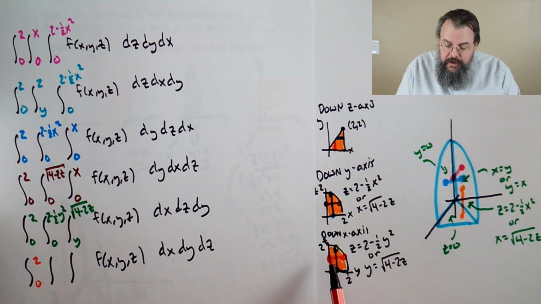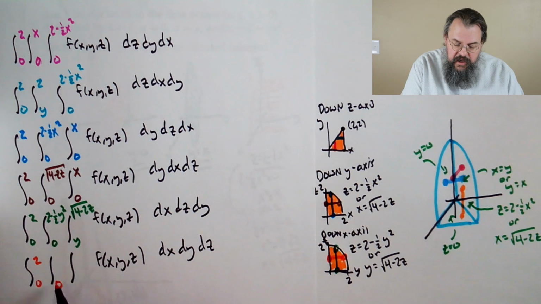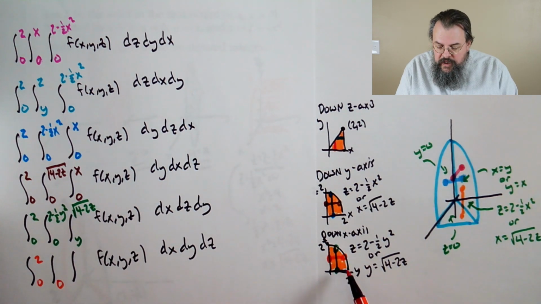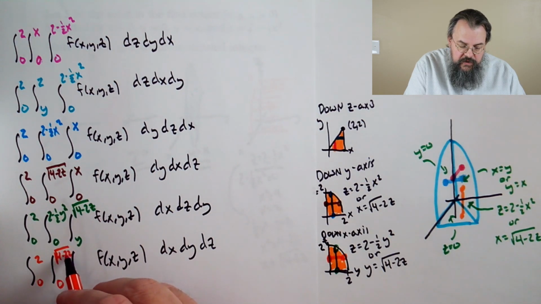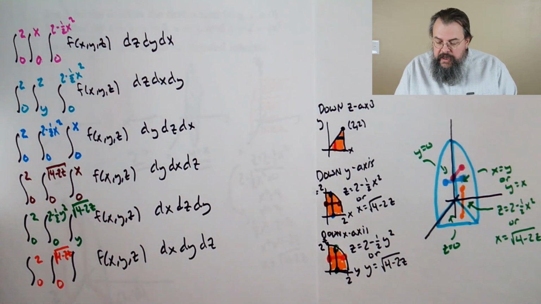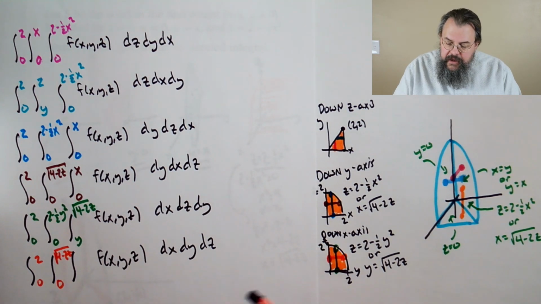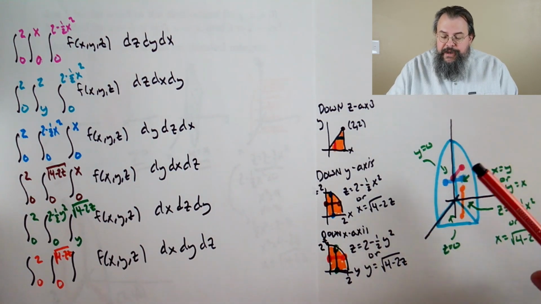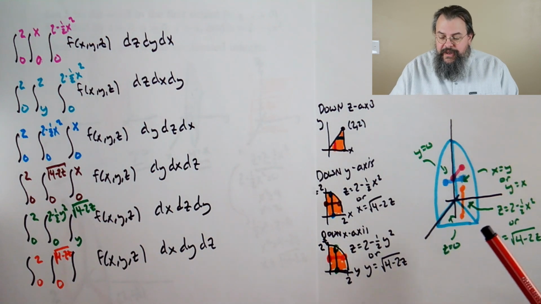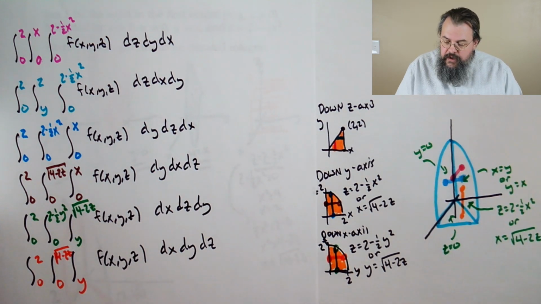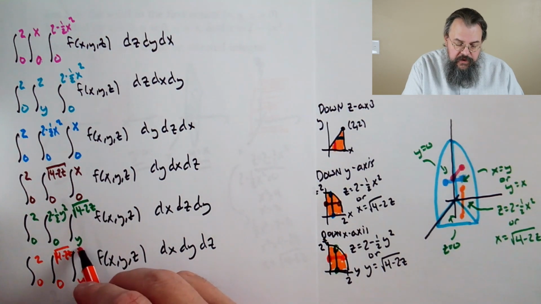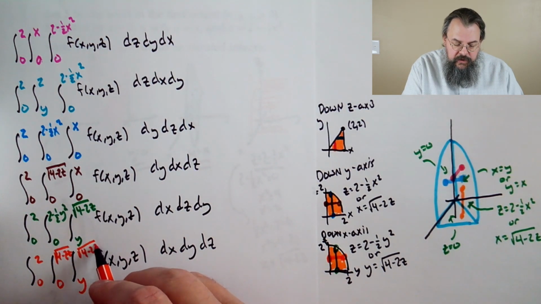All right, well, we're going to go from y equals 0, which is over here on the left-hand side, to this surface here, which is the square root of 4 minus 2z. All right, and now we say back x. Where does x go from? It's still the same surfaces, and so we're going from x equals y to x equals the square root of 4 minus 2z.